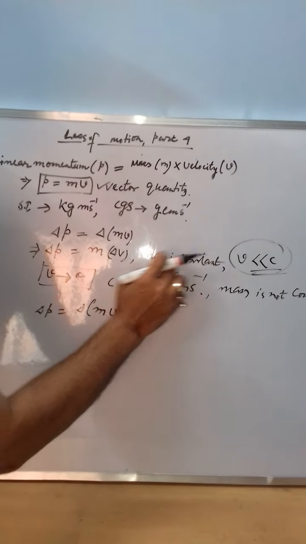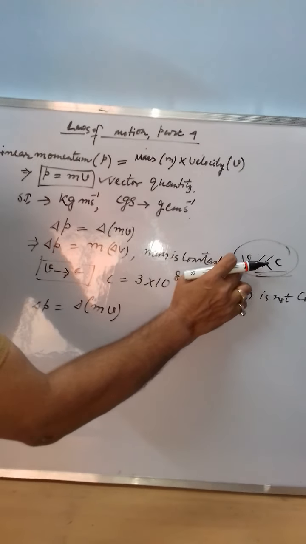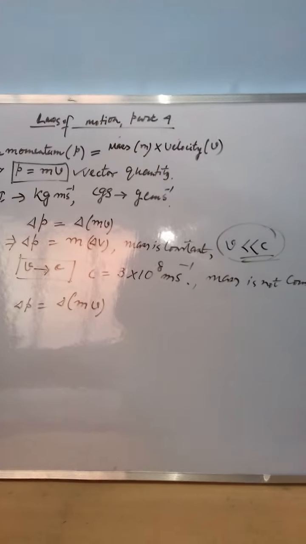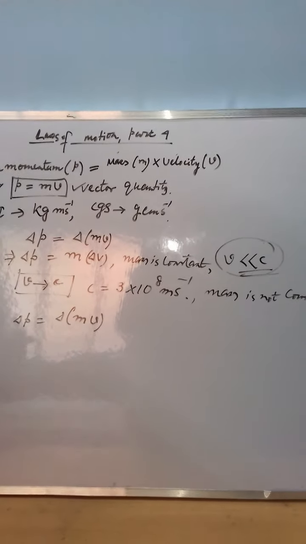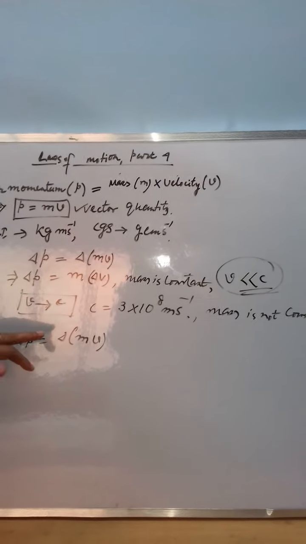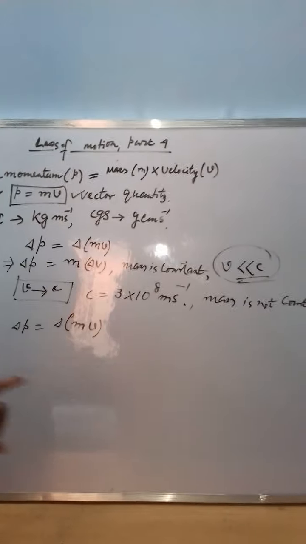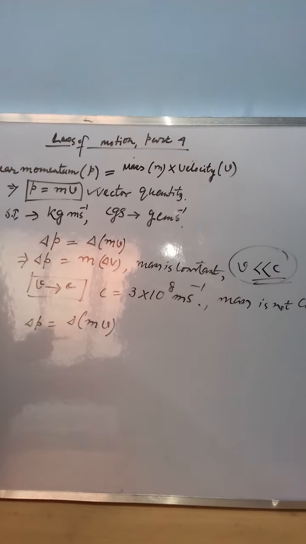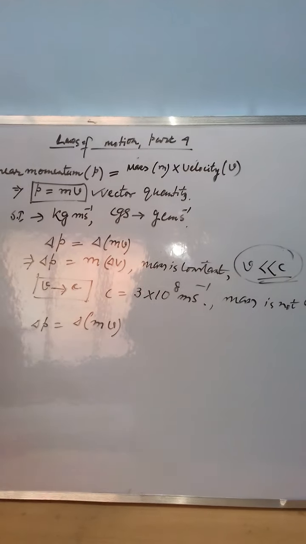But if the particle moves with a velocity almost equal to the velocity of light, then the mass is not constant, and then del p equal to del of m into v. Okay, so today up to this much.